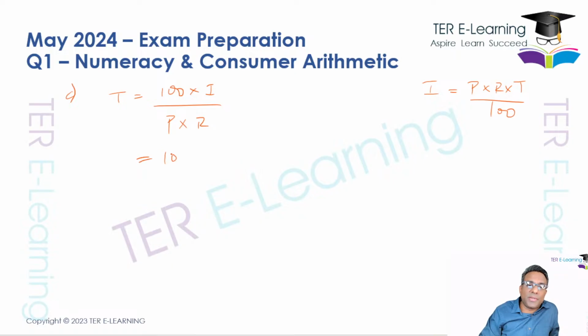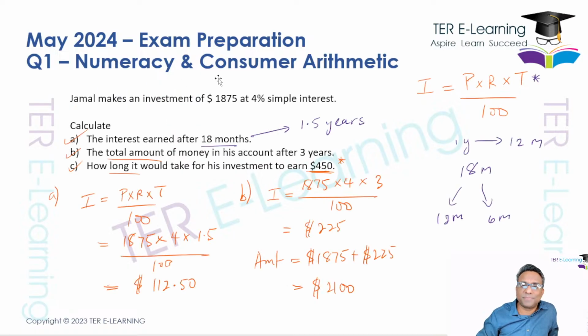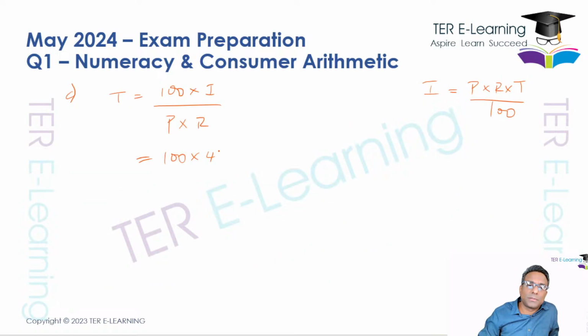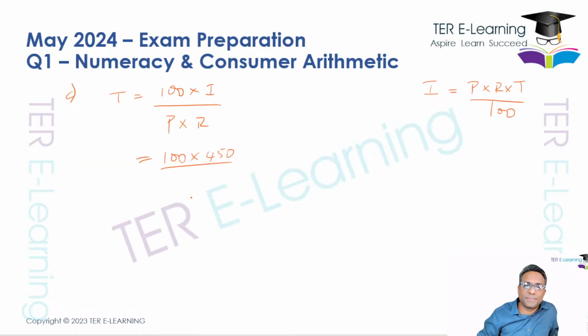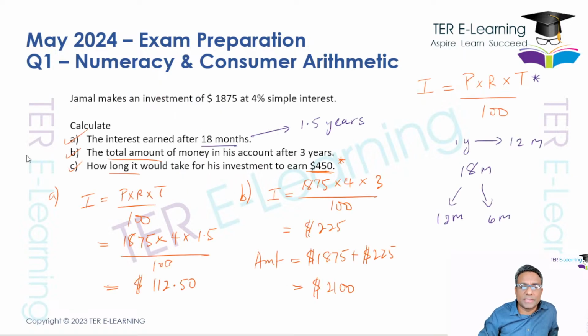So it's going to be 100 multiplied by the interest, which was 450, divided by the principal, which was 1875, multiplied by the rate, which was 4%.